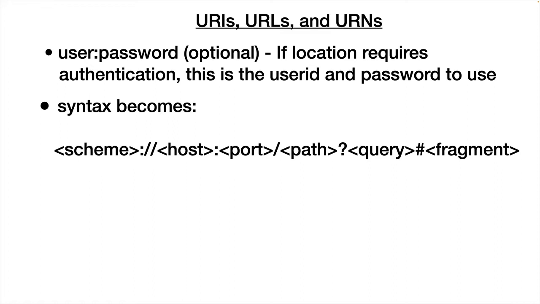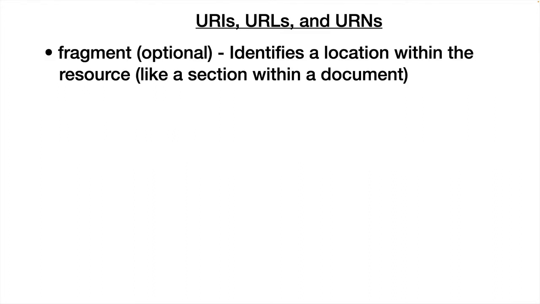Next thing I want to talk about and remove is the fragment. The fragment is optional. If there's a pound sign at the end of the URL followed by a name, that is identifying an offset or location within a document. So you might say, go to this URL, pound sign CHAP1.